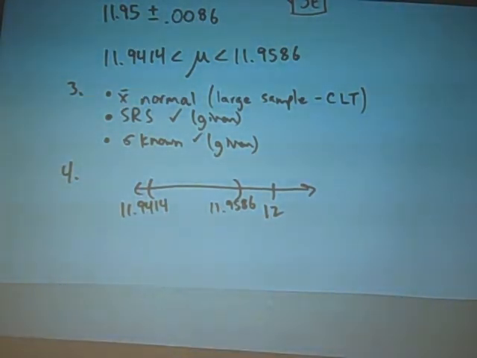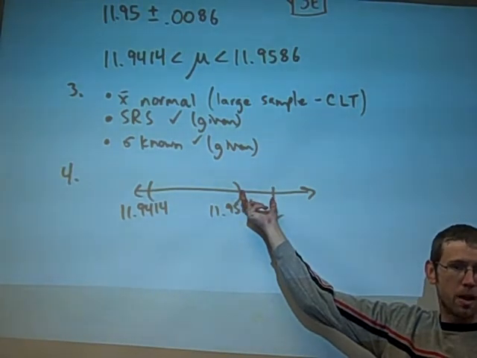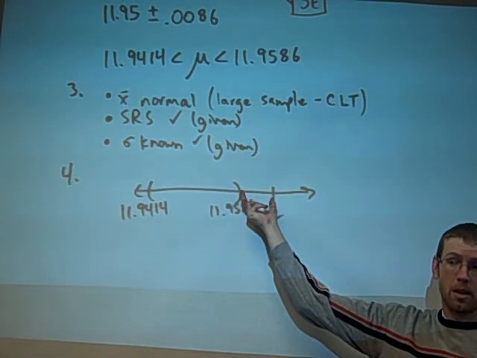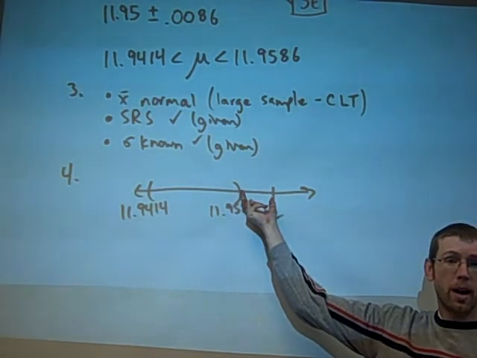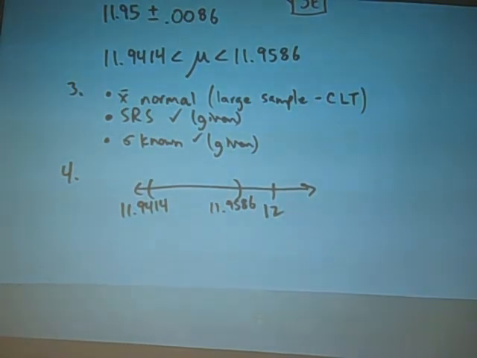If we think that it's different, how different do we think that it is? 12 minus 11.9586. That's the MVD. The MVD is the distance right here. We think on average they're underfilling their cans. How much do we think they're underfilling their cans on average by? And the answer is this distance here. So we call that the MVD.